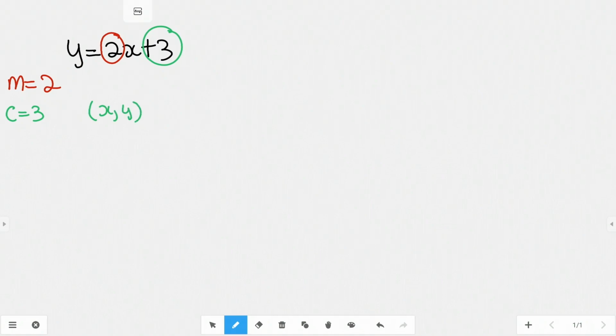So if it's cutting the y-axis at positive 3, it means that x has to be 0 while y is 3. If we were to sketch the graph, we would identify positive 3 somewhere there, and this is the point that this line is going to pass through and cut the y-axis.